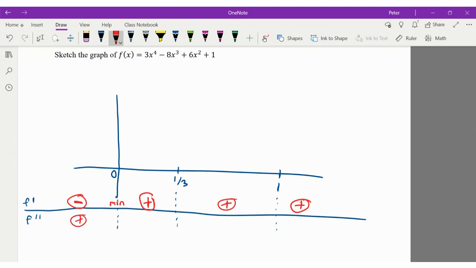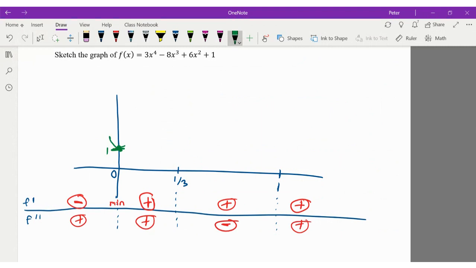Second derivative was positive there, and it's still positive there. It was negative here, and it was positive here. And because of what the function is, if we plug in f of 0, we're going to get that point at 1. So we have a minimum here.